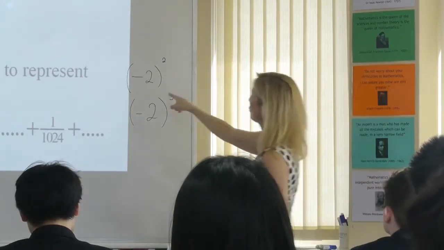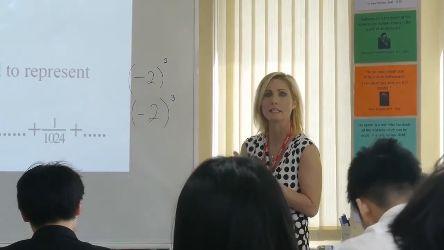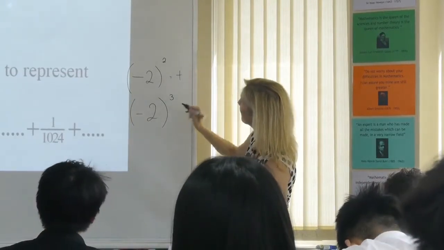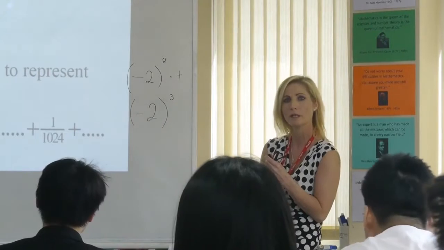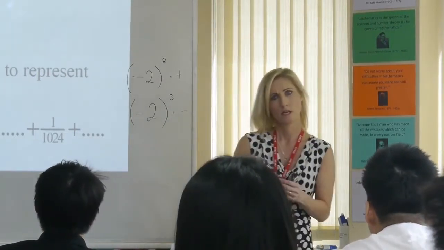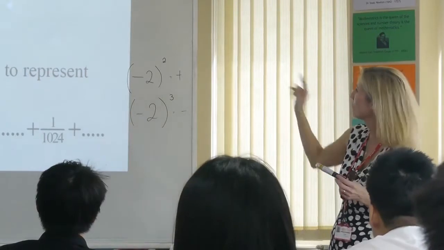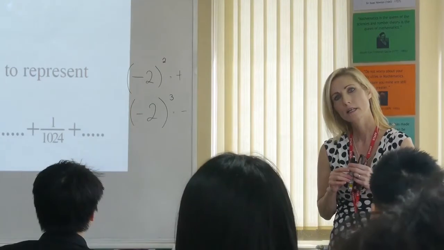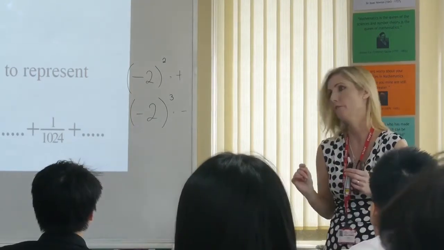What would you get with the top one? Positive. And what about the bottom one? Negative. Right, what's the difference? Why did you get positive in the top one? Because the power is even. Right, the power was even, wasn't it?